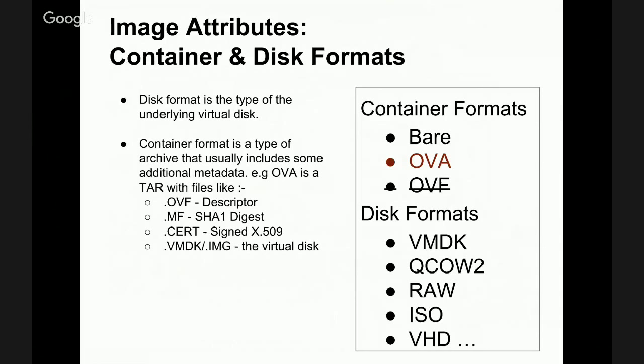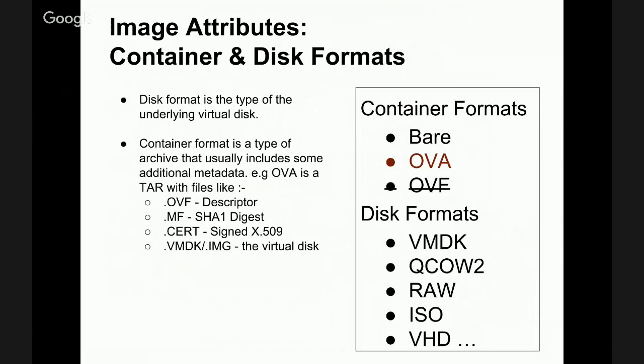And you have something known as a container format, which is basically an archive that has the virtual disk along with some additional metadata. One of the popular container formats is OVA, which stands for Open Virtualization Archive, and it has some files like the OVF, which is basically an XML file with a description of the virtual disk.